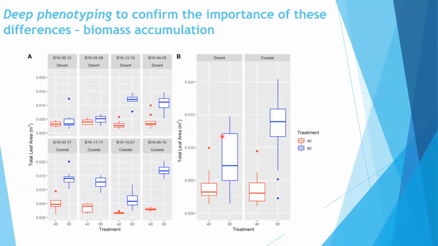That translates into total biomass as well. If you grow a coastal variety in a dry environment, which it's not used to, it has a much greater reduction in total biomass, measured here as total leaf area, compared to the desert variety, which is adapted to a drier environment.